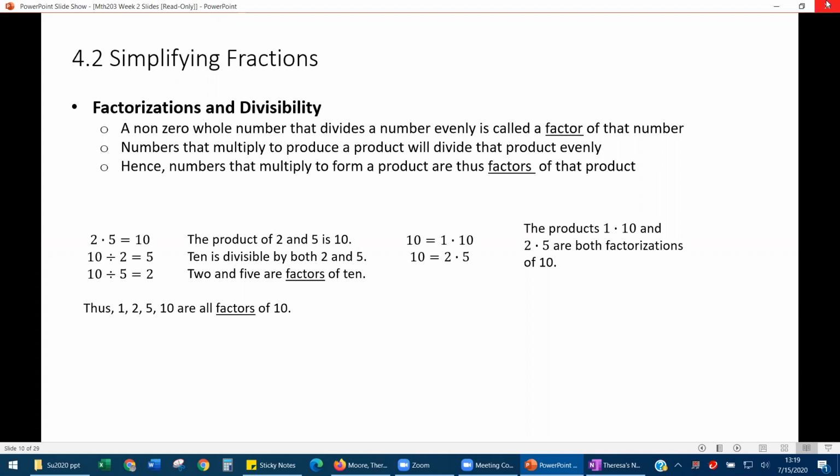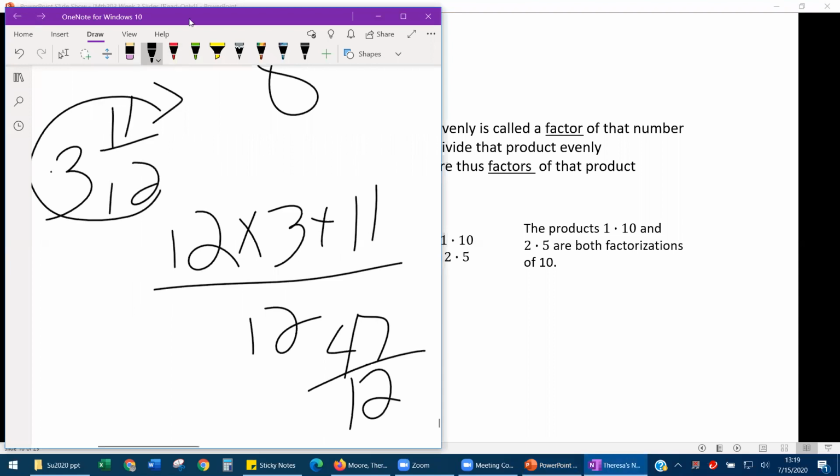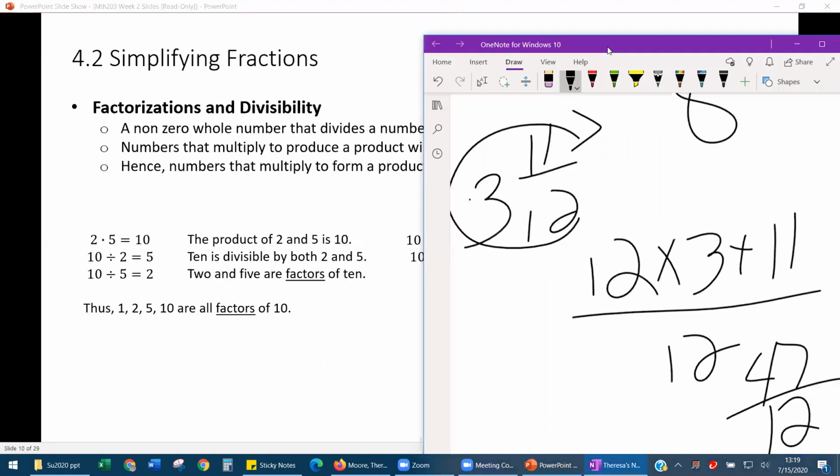The act of dividing the same number from the numerator and the denominator is in essence removing 1 from the fraction. Because remember, if the numerator and denominator are the same, your fraction is equal to 1.